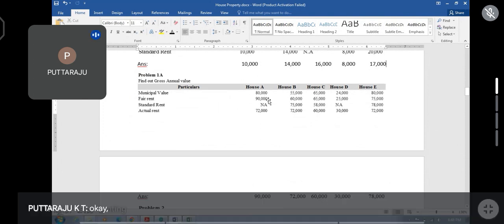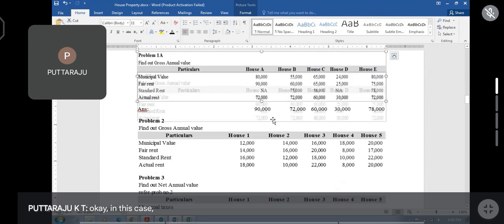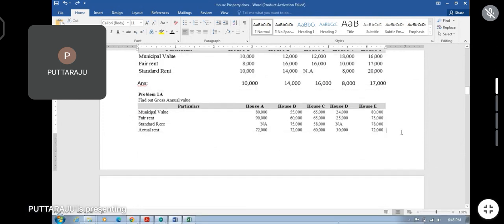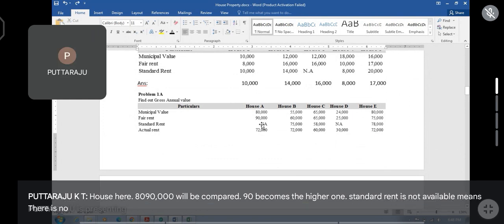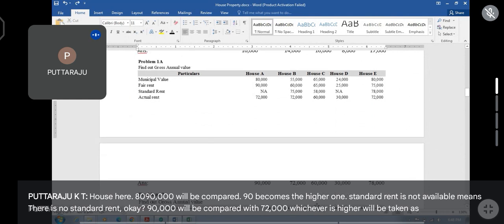Okay. In this case, house A, 90 becomes the higher one. Standard rent is not available, means 90. There is no standard rent. Okay, 90,000 will be compared with 72,000. Whichever is higher will be taken as annual value, 90.